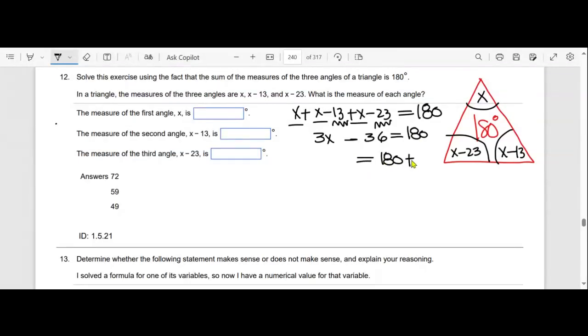Isolate the x. So you get 180 plus 36, how much? 216, right? Divide by 3. Cancel the 3 with the 3 and you get x equal, by calculator, 72.